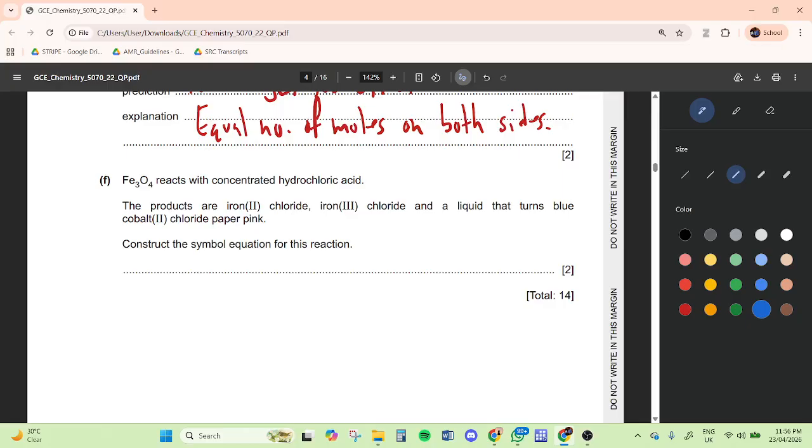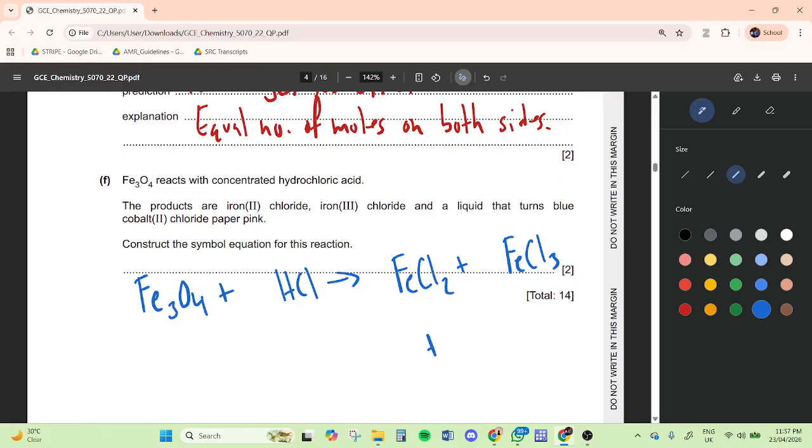So if we write down, we're going to balance it in a bit. So first let's write down our reactants. So it's Fe3O4 plus HCl, keep some space for balancing reasons later, FeCl2 plus, they say iron 3 chloride. So this is going to be FeCl3 plus H2O.